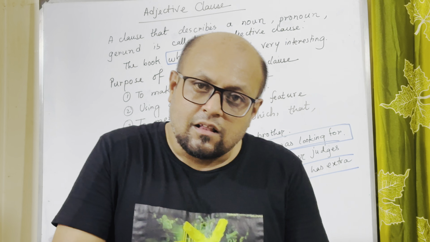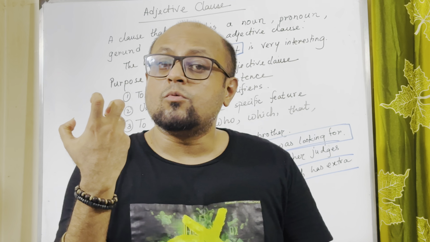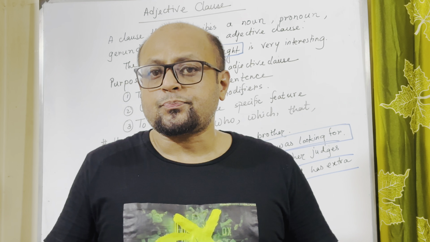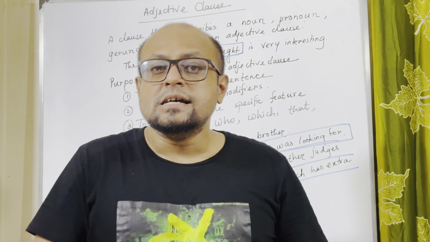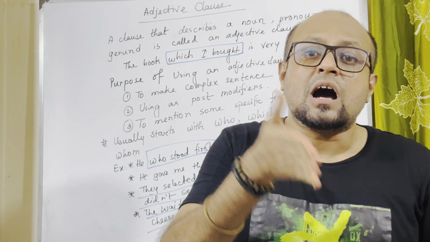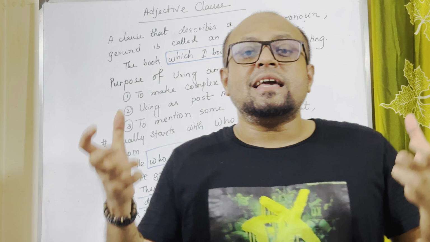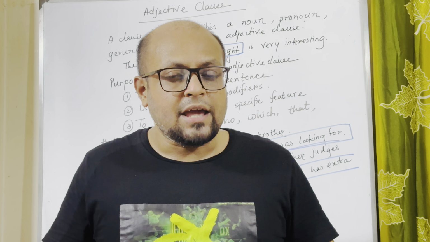So basically adjective clauses are clauses that qualify a noun. You can use an adjective clause just after a noun or a pronoun or something equivalent to a noun, such as a gerund.